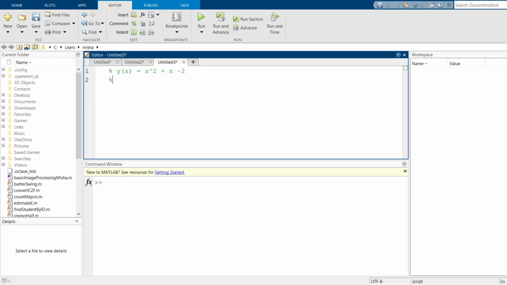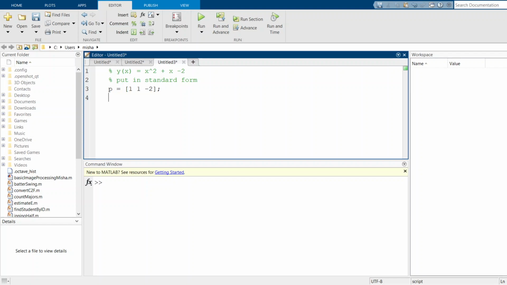If we make sure that this is in standard form, then we can take the coefficients of this and store them into a variable. So the leading coefficient here is 1, followed by 1, followed by negative 2. I'm going to store these coefficients into p.